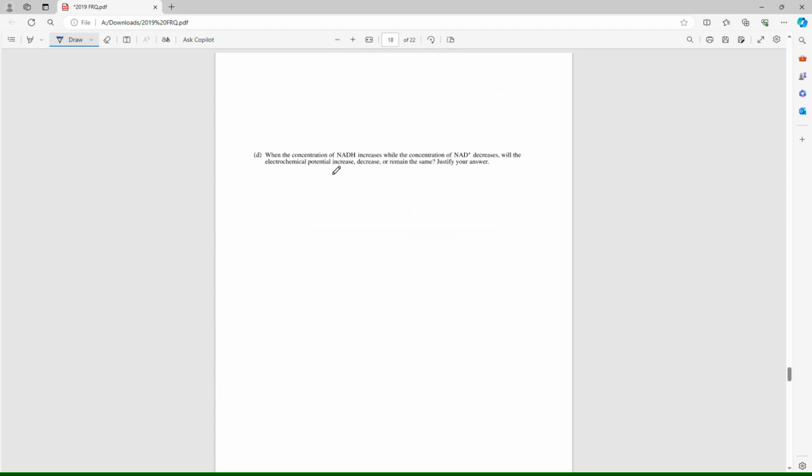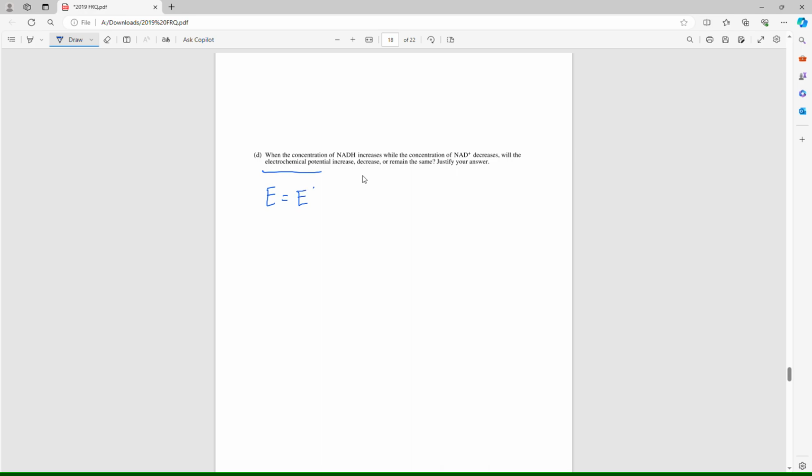Forwards. When the concentration of NADH increases while the concentration of NAD plus decreases, will the electrochemical potential decrease, increase, or remain the same? Justify your answer. So we're talking about, will E increase, decrease, or remain the same? And whenever you're asked if electrochemical potential is going to change, you're always going to use this equation.